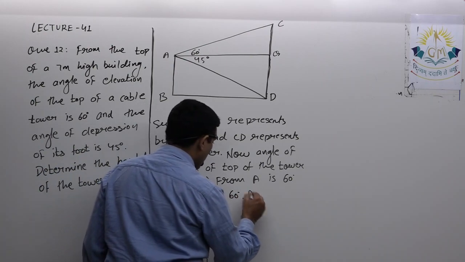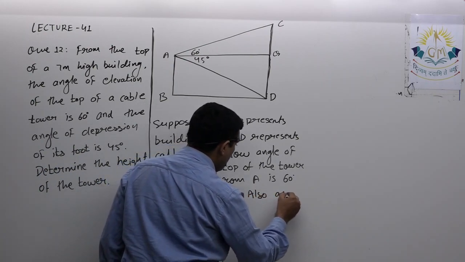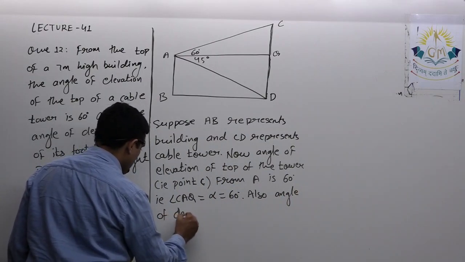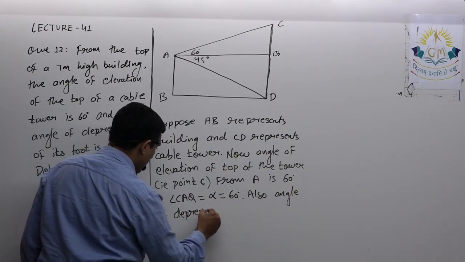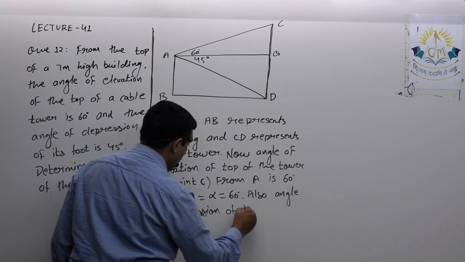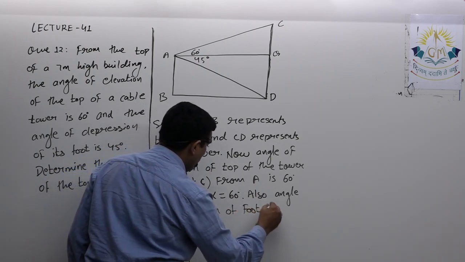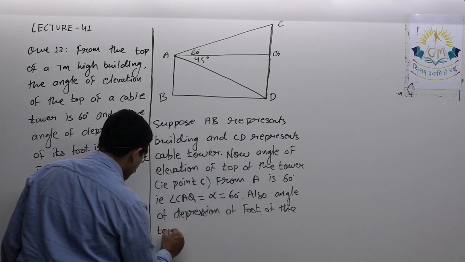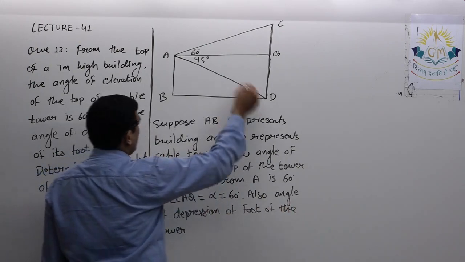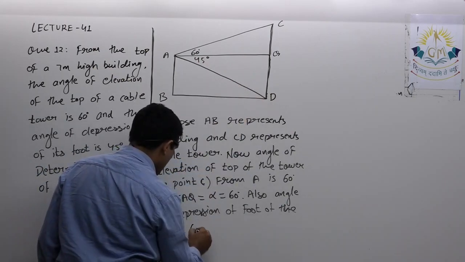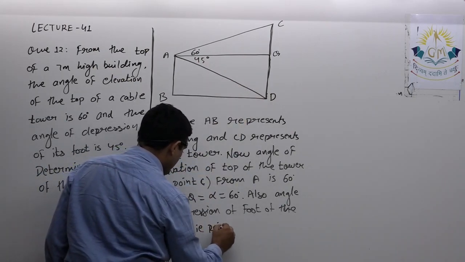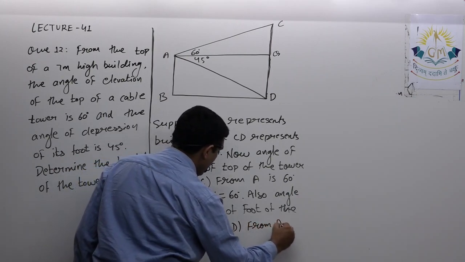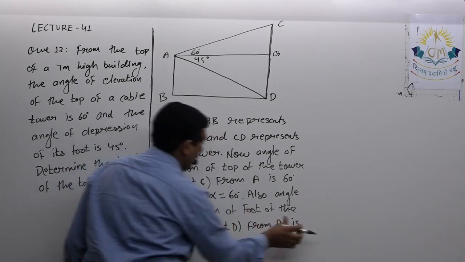Also angle of depression of foot of the tower, that is point D, again from A is 45 degree.